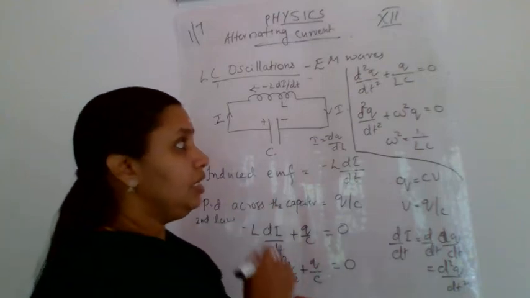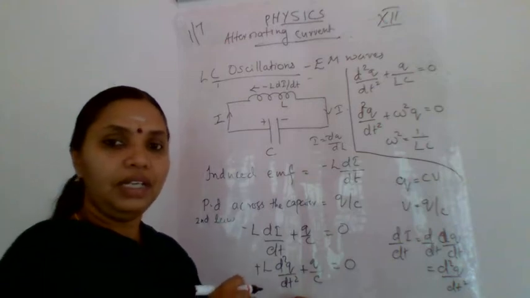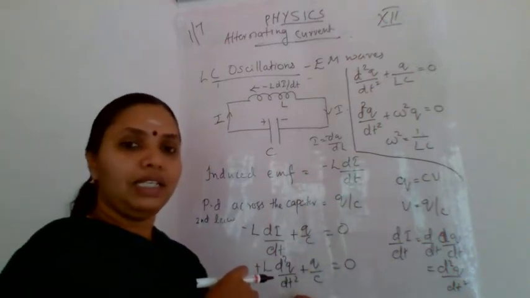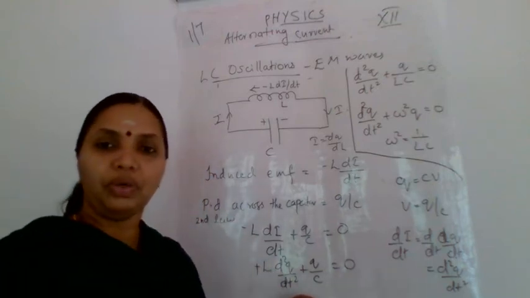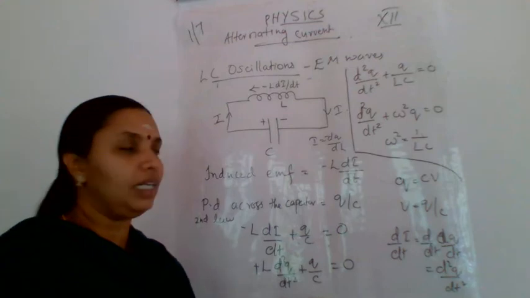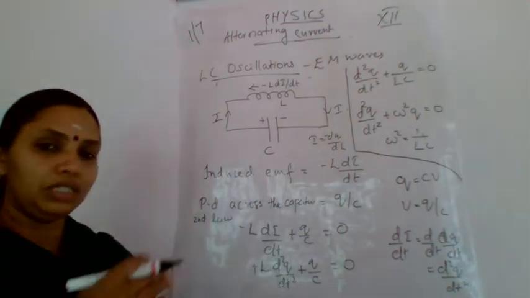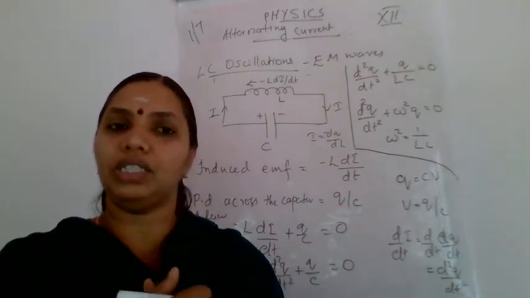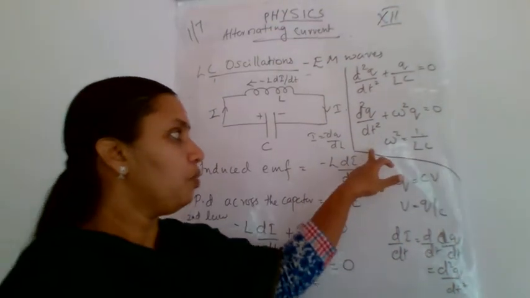And what is this? This is equivalent to the expression for simple harmonic motion, that is d square x by dt square plus omega square x is equal to 0, where omega is the angular frequency. So what is it here? The variation in the energy, the conversion of energy from electrical energy to magnetic energy, is coming out in the form of oscillation.